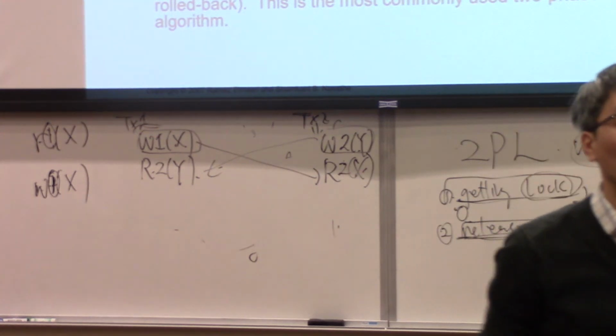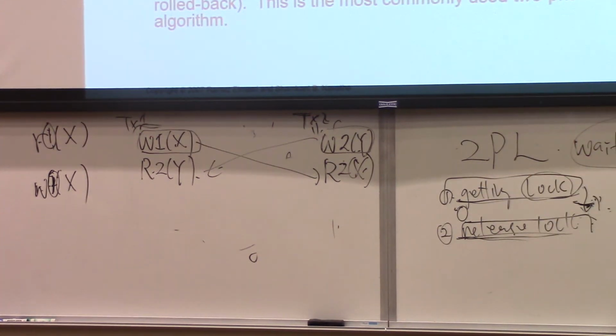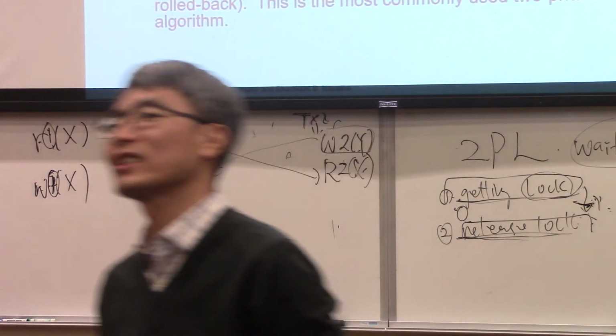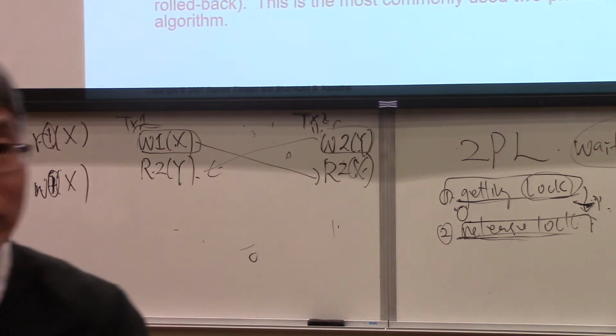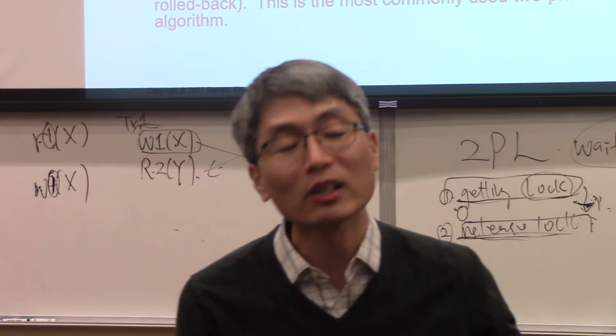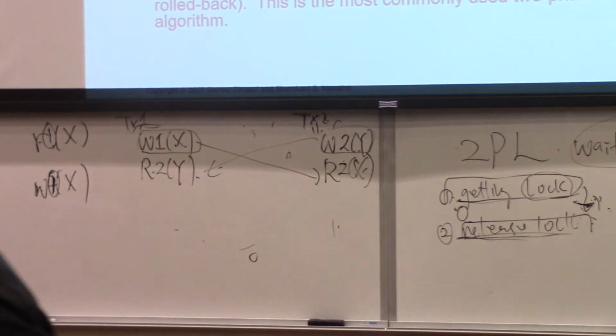Do you remember the solution of the deadlock in operating systems? Practically no solution in the operating system because it's a very expensive operation to resolve the deadlock. So the operating system ignores it, but in the database we cannot ignore such a deadlock situation.